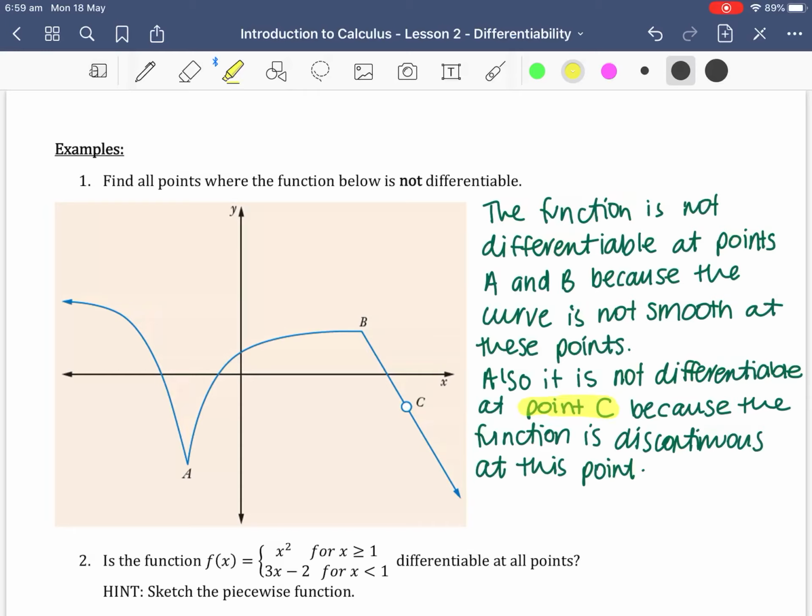So at point C, we see that it's discontinuous due to the open circle, and at points B and A, it's not smooth.